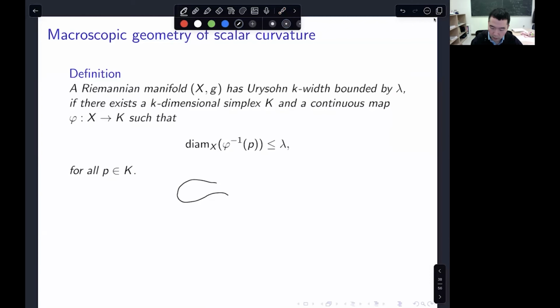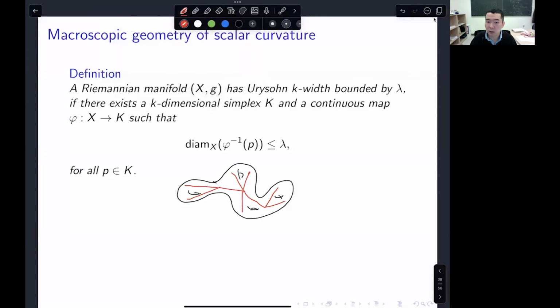You could have some topology here and there. But say in this picture, you want to say it looks like a one-dimensional simplex. How? Well, imagine that you can draw this kind of picture, and the entire picture collapses to the one-skeleton without losing too much information on distance. So that's what it means to have Urysohn k-width bounded by lambda.